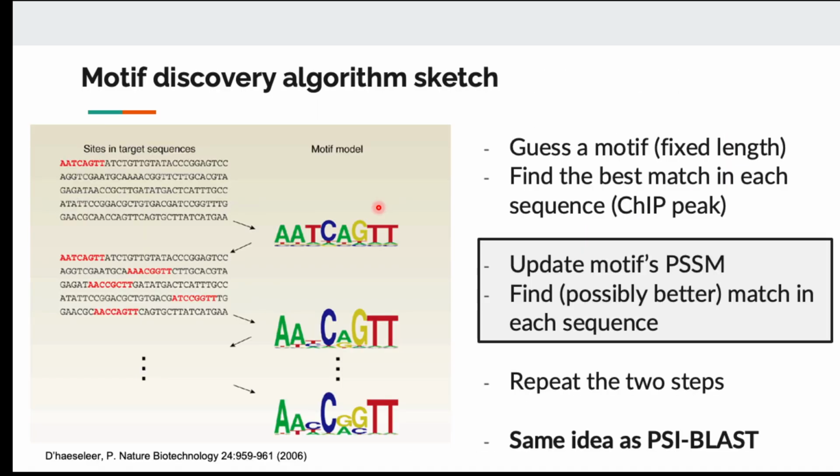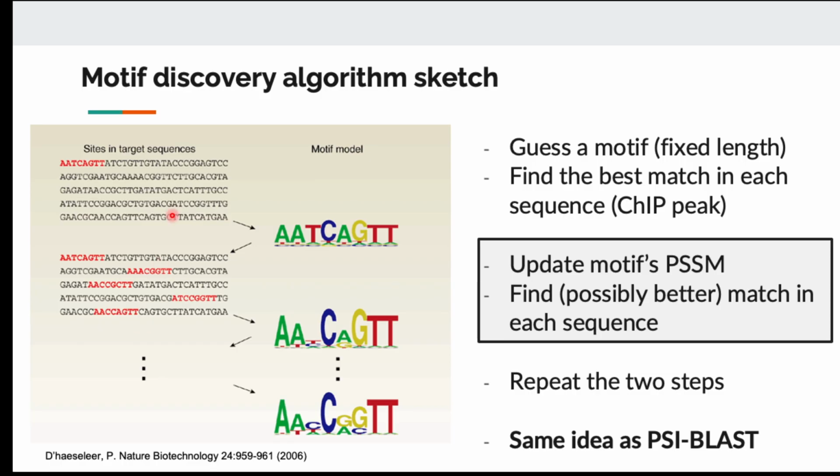There are many ways to go about that, but to not make it too complex, we're going to look at the idea of the algorithm. So the idea which I want you to imagine: we have many sequences from different peaks, each line coming from a different peak. The assumption is, if we have the right motif, we should be able to see it in every sequence, because the transcription factor can bind here.